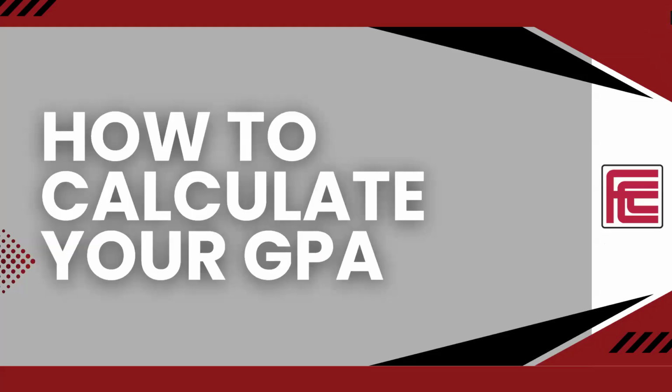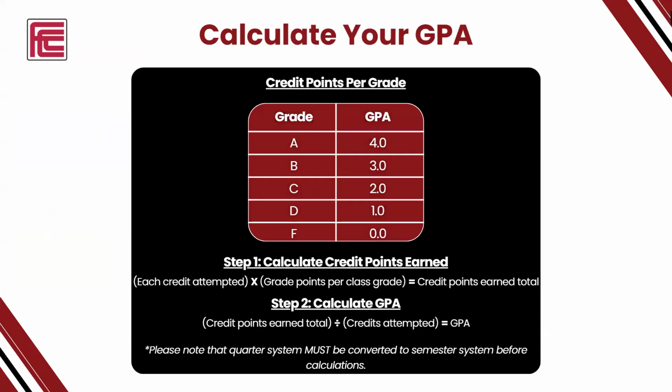How to calculate your GPA. Your GPA plays an essential role in your application. To calculate it, multiply each course's units attempted by its grade point value. A equals 4, B equals 3, C equals 2, D equals 1, and F equals 0.